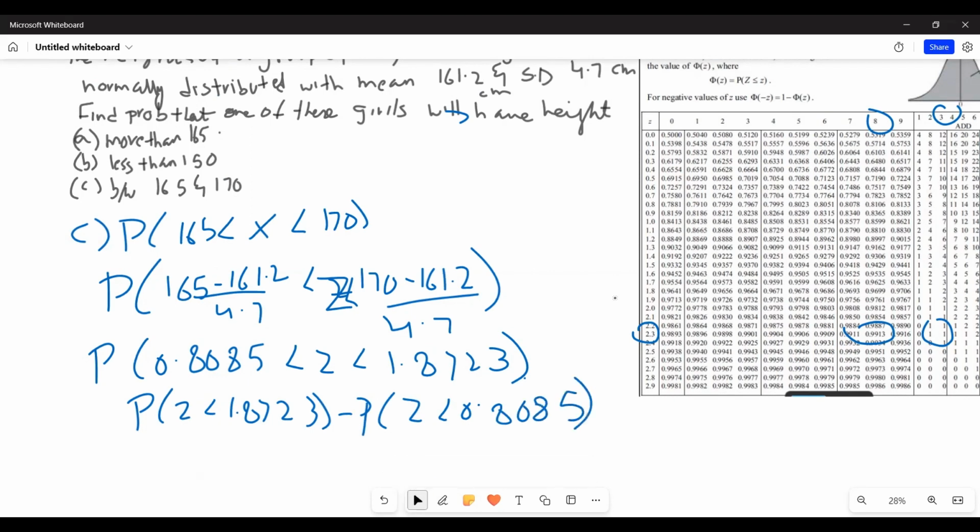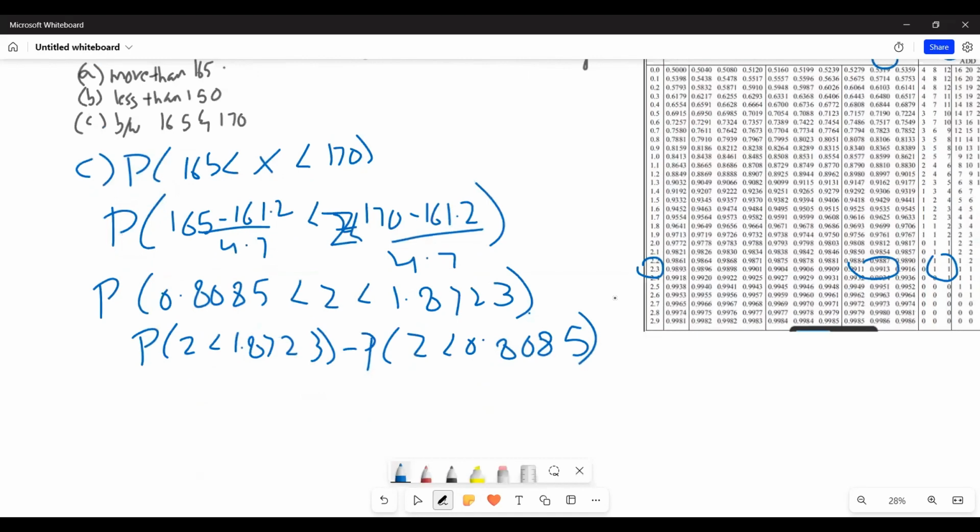Now this should be 3 decimal places, sorry. So Z is less than 1.872, by the 3 dp rule, minus probability Z is less than 0.809.